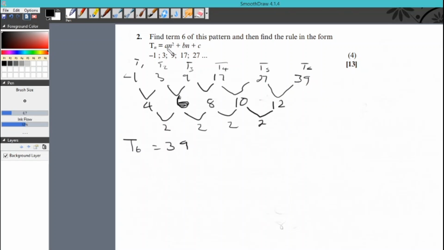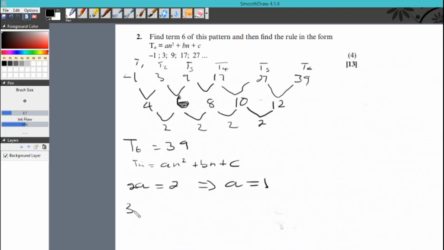And then we find the formula for the general term. Tn is equal to an squared plus bn plus c, where 2a is equal to our second common difference of 2, which means a is equal to 1.